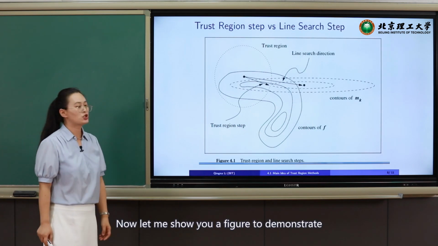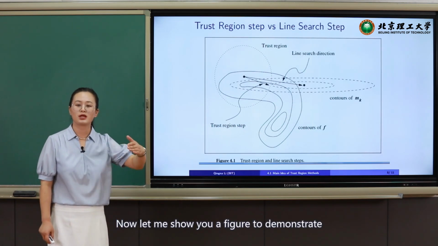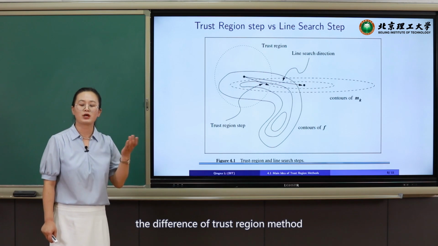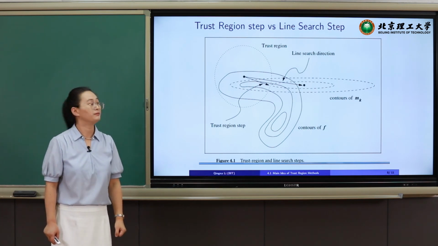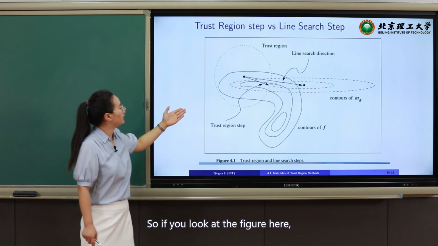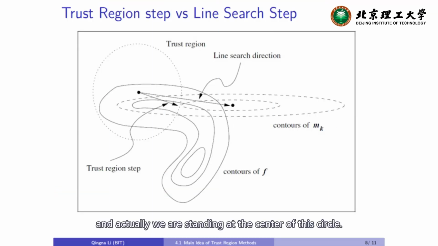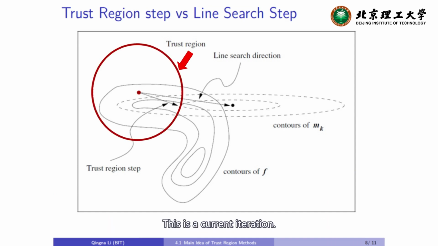Now, let me show you a figure to demonstrate the difference of trust region method as well as the line search methods. So if you look at the figure here, we are standing at the center of this circle, this is the current iteration, and we got a trust region here, which is the big circle, right?